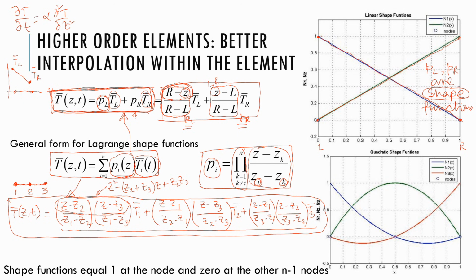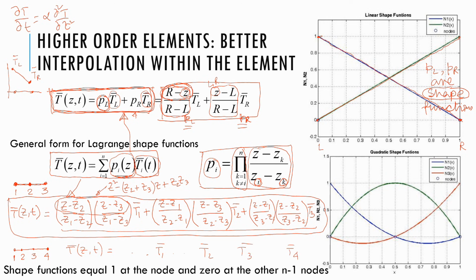Now we can go to even higher order elements. So we can have the same element and have two more nodes in between. And if we do that, then we are again going to write it down in terms of four terms: t1, t2, t3, t4.